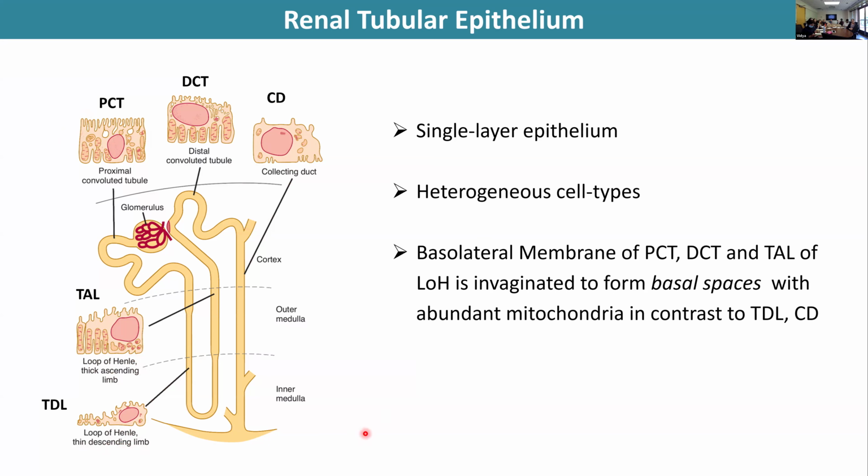This is because the mitochondria supply a lot of energy for these cell types, because they have to push the solutes and everything against the concentration gradient. So they need a lot of energy, and that's why they have abundant mitochondria.